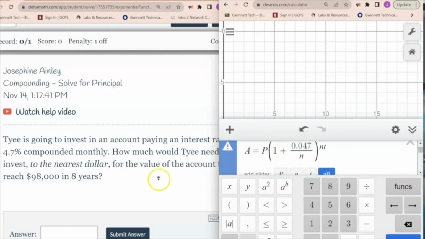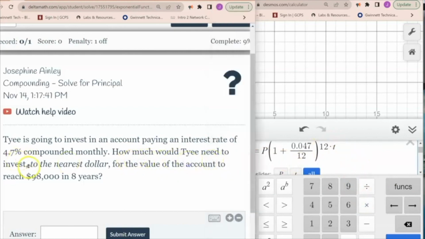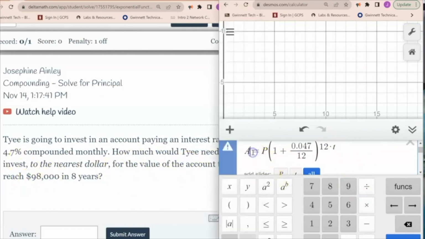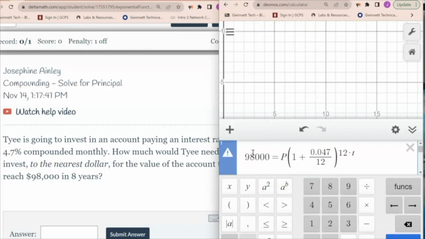0.047. It's compounded monthly. Okay, so how many months in a year? 12. So that's your N. N is the number of times it's compounded. So it's compounded 12. And then let's go ahead and put multiplication right there. All right, and then how much would Terry need to invest, to the nearest dollar, for the amount to reach 98,000? So this is equal to 98,000.